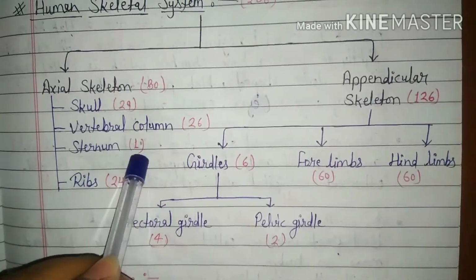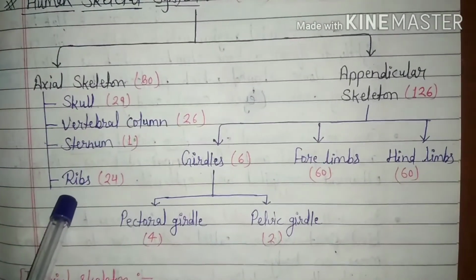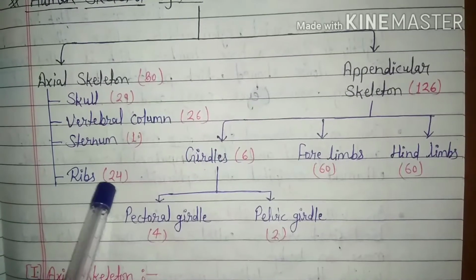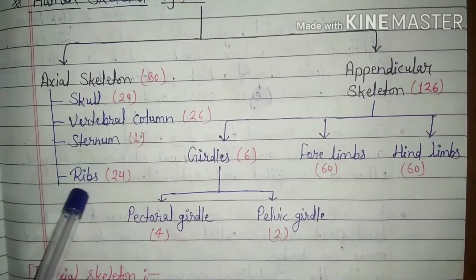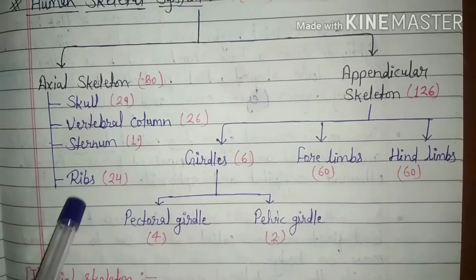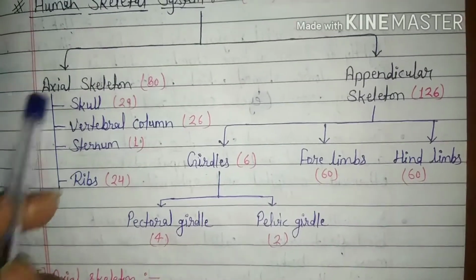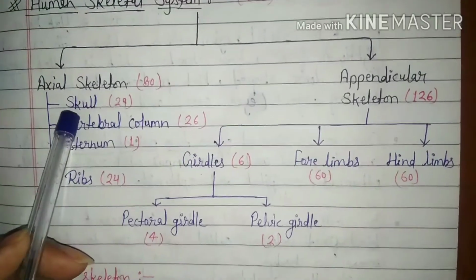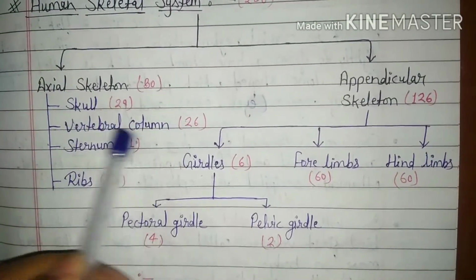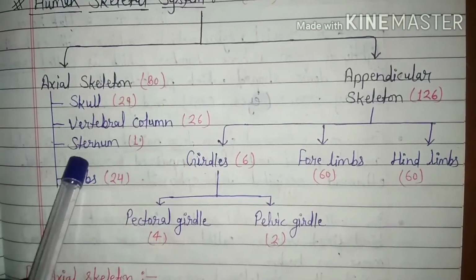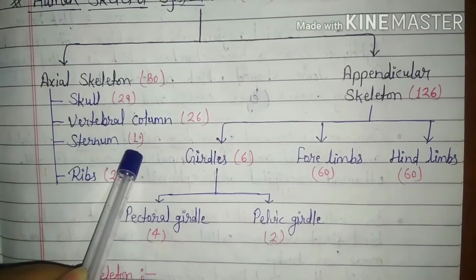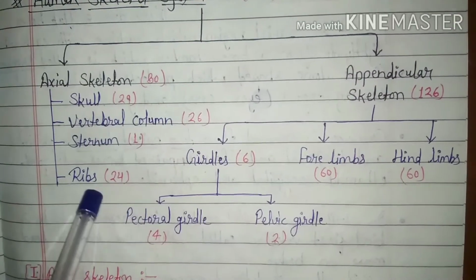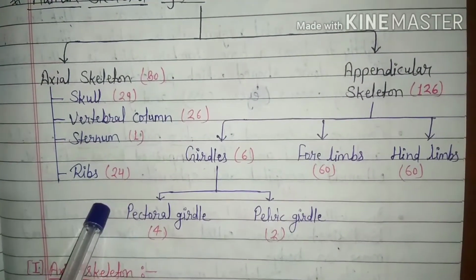The sternum consists of only a single bone, and in ribs, there are 12 pairs, which means 24 ribs are found in the axial skeleton. So the total is 29 skull bones, 26 vertebral column bones, 1 sternum or breast bone and 24 rib bones. So total 80 bones.